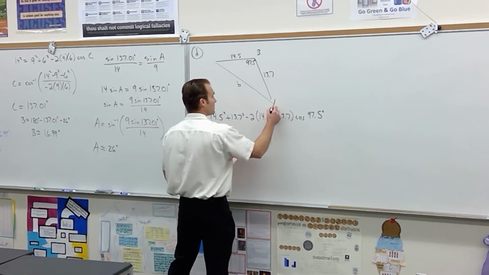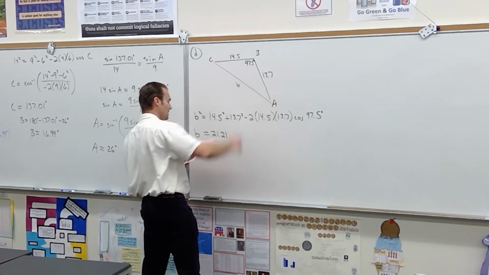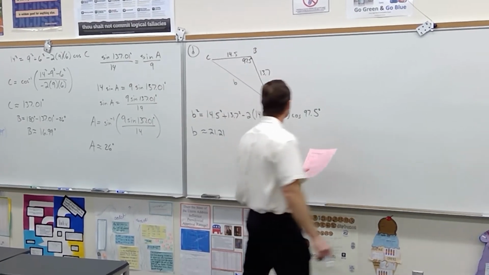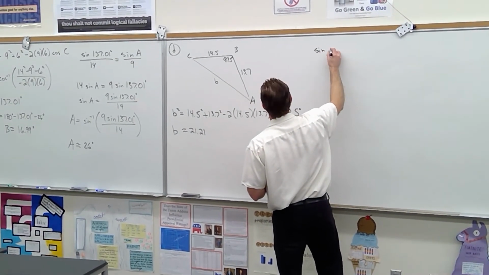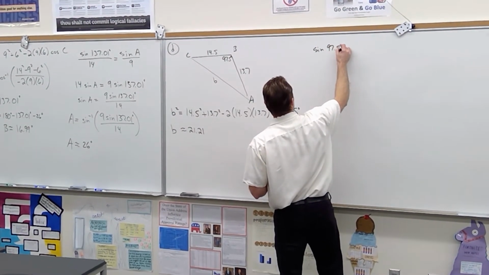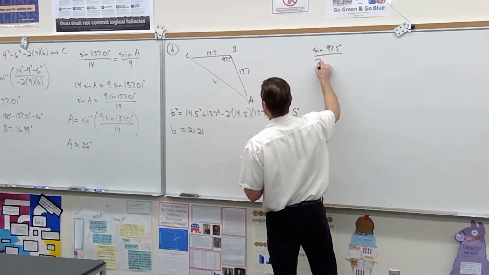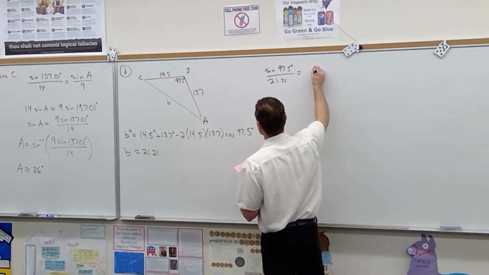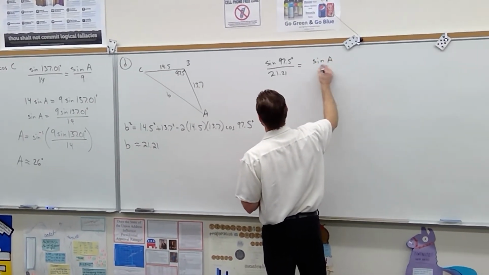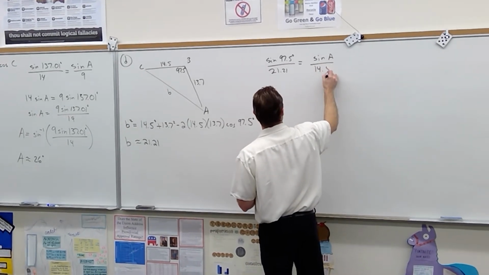And now that I have that info, I have to work on one of my missing angles. So down here is angle A, up here is angle C. So let's do law of sines. So sine of 97.5 degrees over 21.21 will equal sine of A over 14.5.